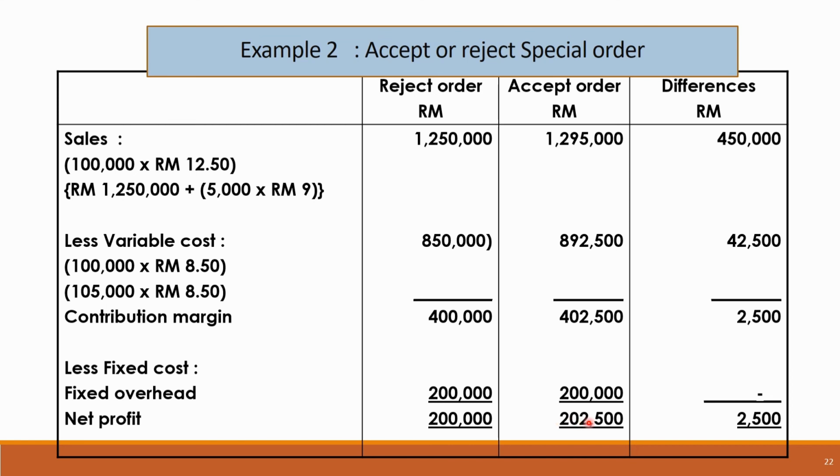When we compare reject order and accept order, we find out that the difference is 2,500 profit. So we find out that accept order is greater than the 200,000 for reject order.